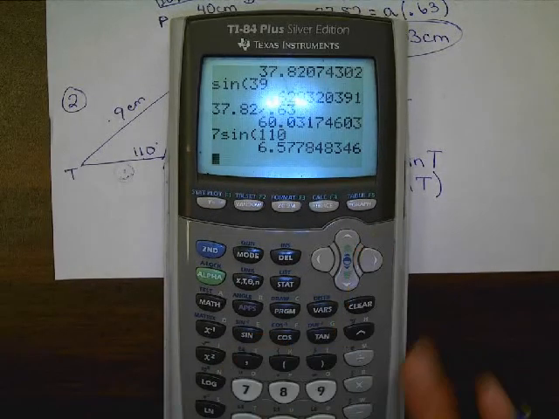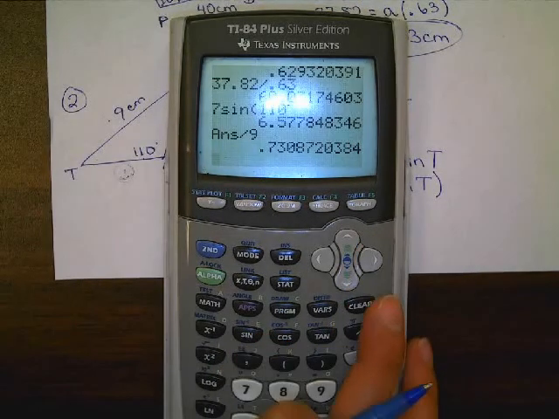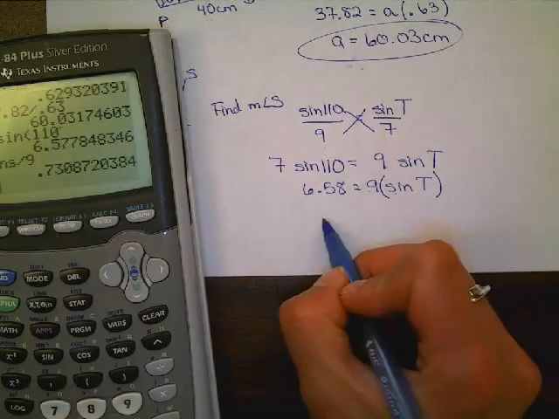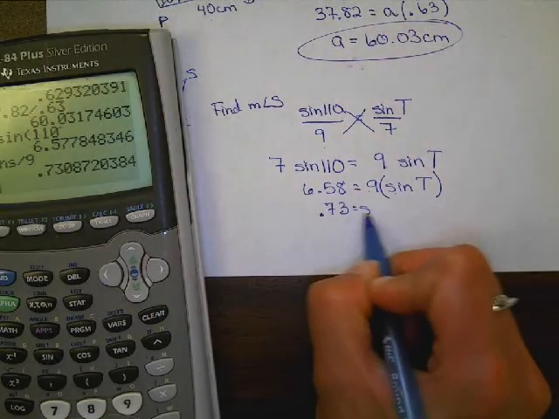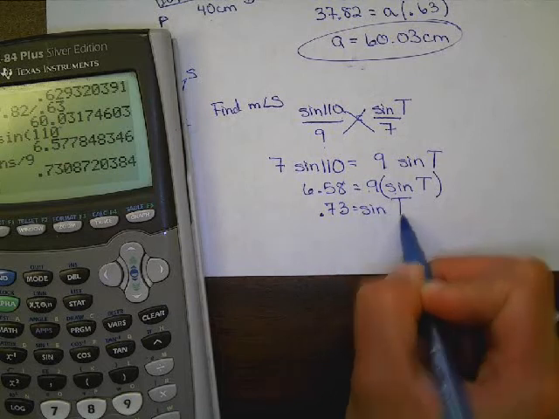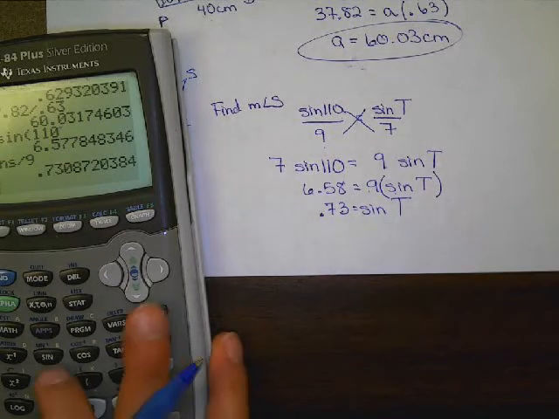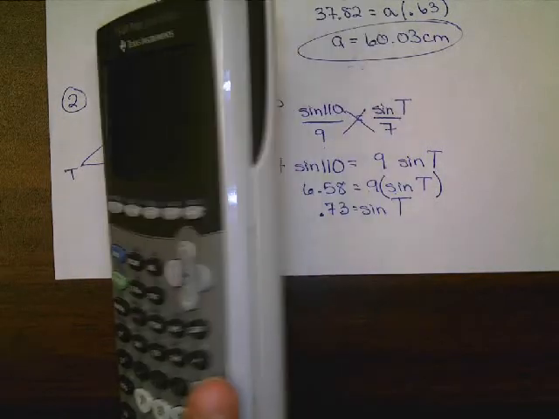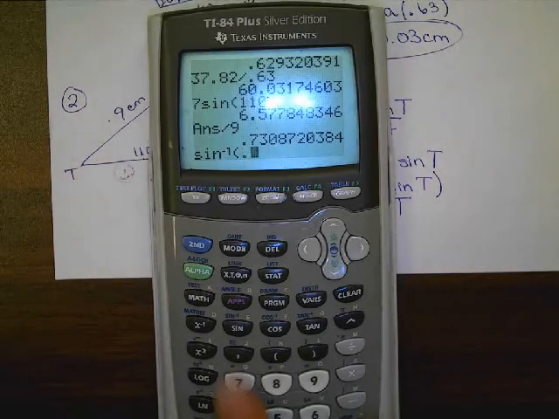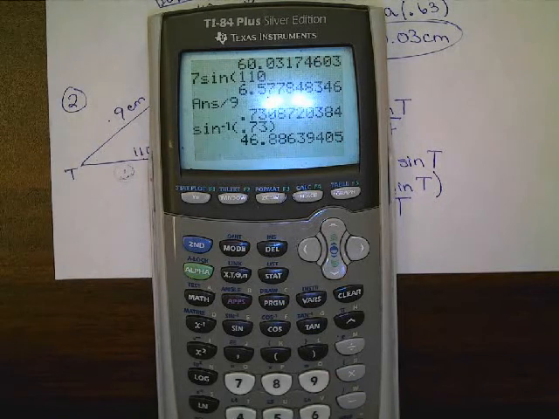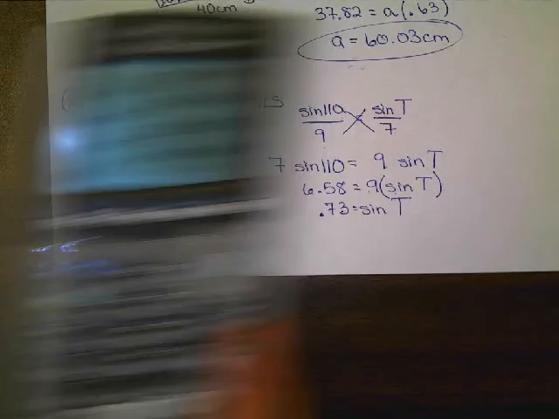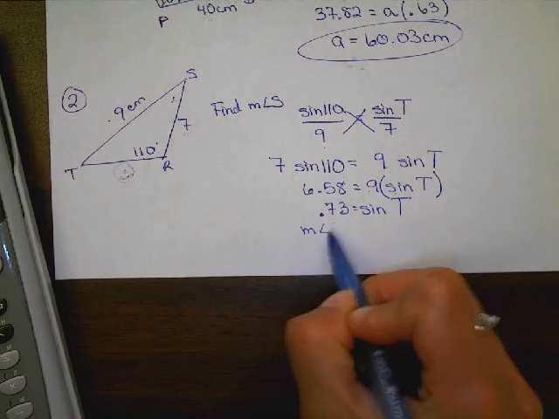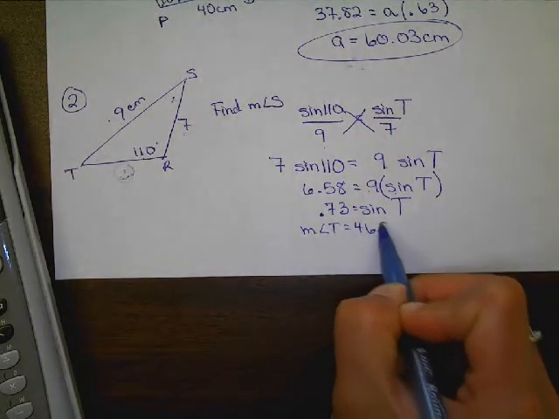So I'm going to take my 6.58, divide it by 9, which is 0.73. So 0.73 equals the sine of T. Since I'm looking for an angle, if you remember from before, you have to hit second, sine, and 0.73. So that's 46.89. So angle T is 46.89.